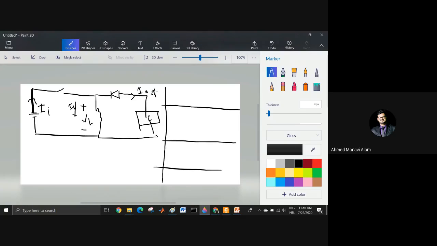This is my IL. Suppose it is like this. This is my Ton. This is my T. This is my input current. This is my output current.